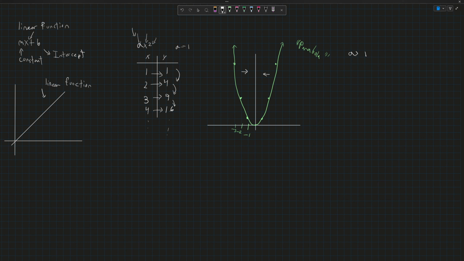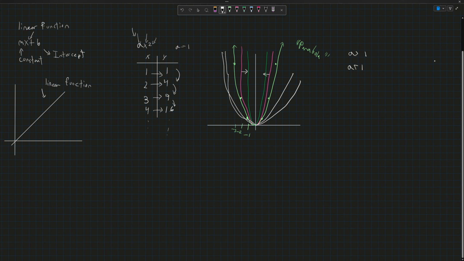If we were to, for example, do 2, it would look like this, and if we do 3, it would look like this, and so on and so forth. That's essentially what the factor does. Now, if the factor happens to be less than 1, then it becomes wider. And you can keep decreasing it until it becomes wider and wider.